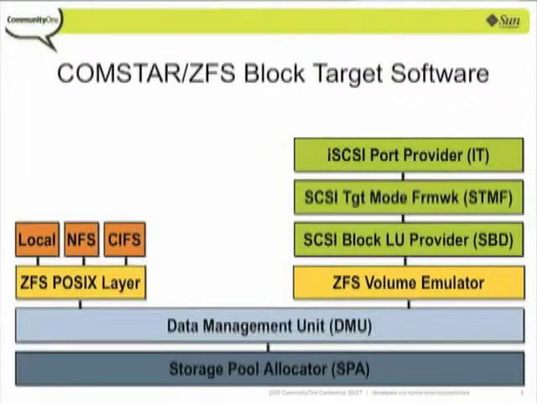Those are coming in the next release of OpenSolaris. Then we have a SCSI target mode framework, which sort of provides the glue between the front end and the back end. So it glues the LU providers, and an LU provider is basically something that identifies itself as a device type in SCSI, or hey, I'm a disk, or I'm a tape device, or something like that. That's what your LU provider is all about.